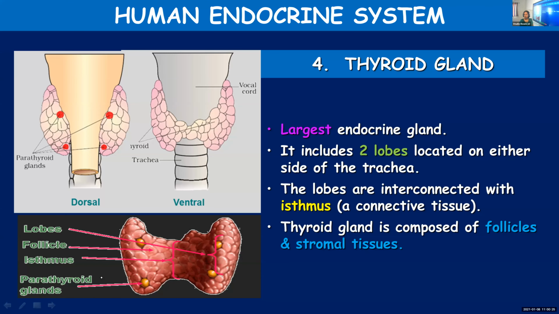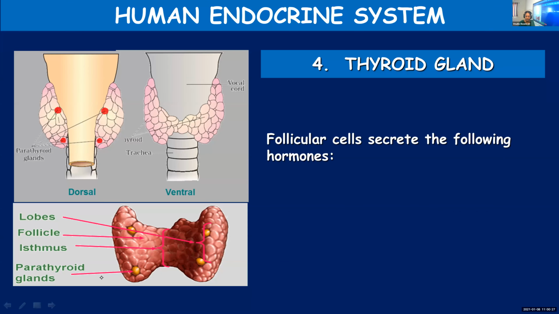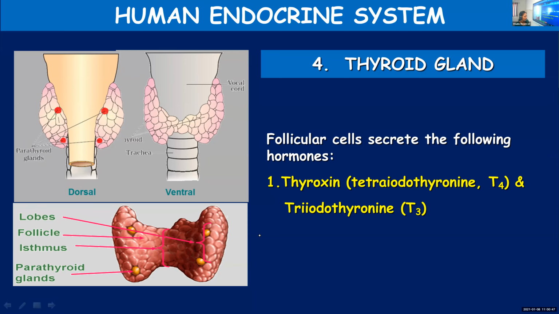It's made up of follicular cells and stromal tissues, and the follicular cells secrete the following hormones. Thyroxine, I think only about thyroxine you have learned before. Thyroid gland produces thyroxine. Then triiodothyronine.